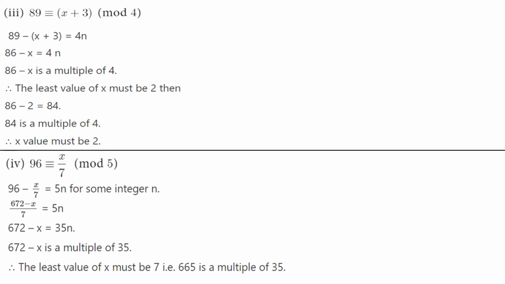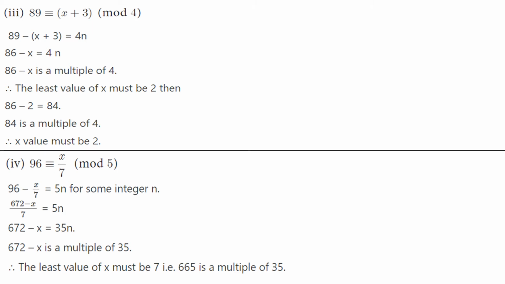Next question. 96 congruent x by 7 mod 5. So take it to the left hand side: 96 minus x by 7 equals 5n for some integer n. So 7 into 96 is 672, minus x, by 7 equals 5n. That divide will come to the right hand side and multiply: 7 fives are 35n.